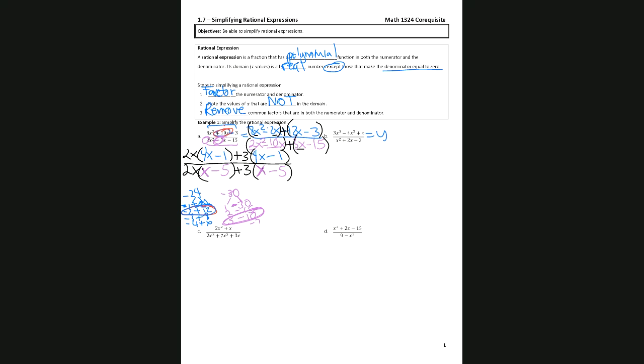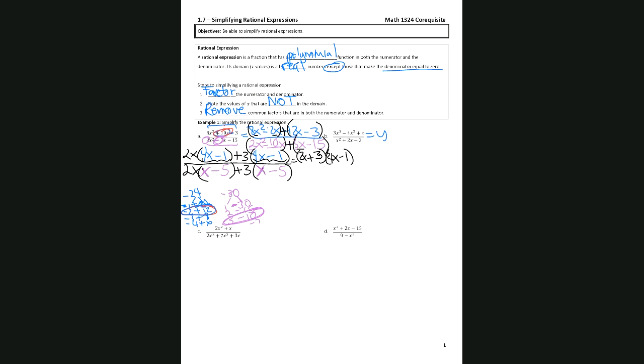Now, what I want to do is write down my factors. So the first factor for the numerator will be 2x plus 3. And the second factor will be the one that they have in common, 4x minus 1.